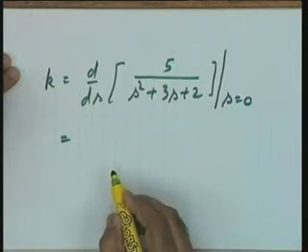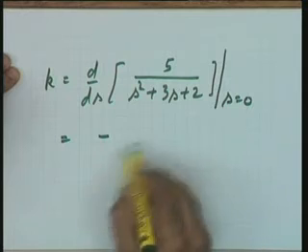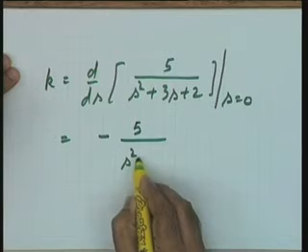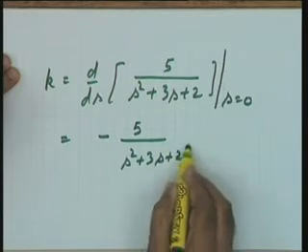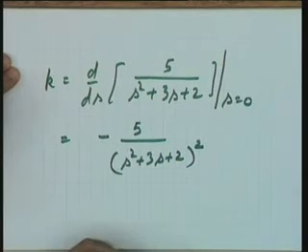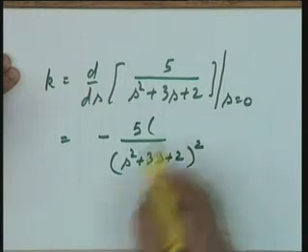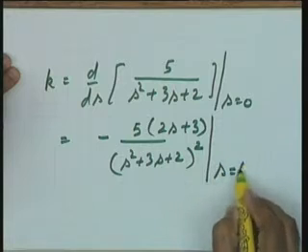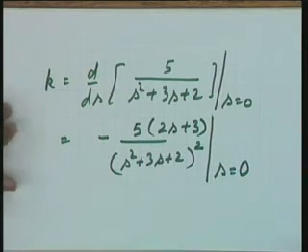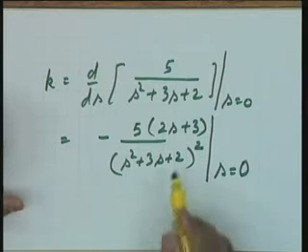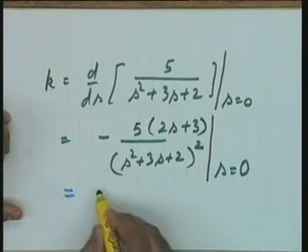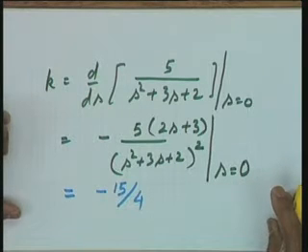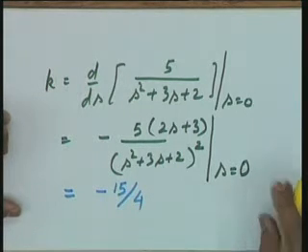This is equal to minus, taking the derivative, 5 over (s squared plus 3s plus 2) squared, and the term here will be 2s plus 3. I hope this is okay. Please do help me if there is an error. Now, if I substitute s equal to 0 here, I get minus 15 by 4.